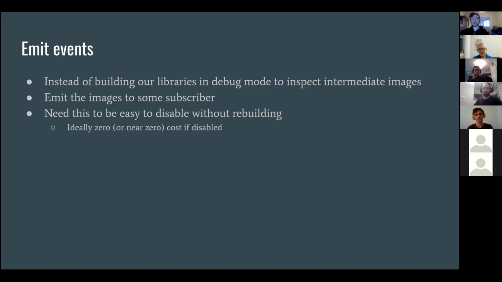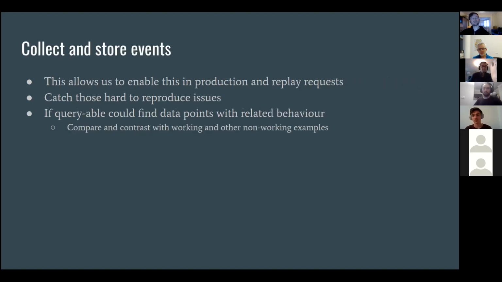There are always gains to removing extra code from production, but if it can be as low cost as possible, it's potentially something we could keep in production and use for debugging.